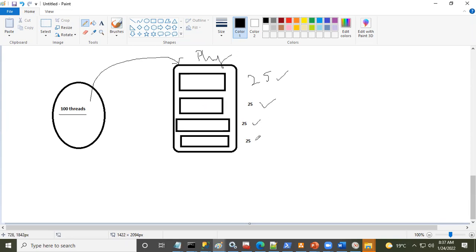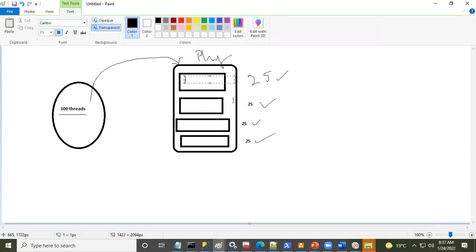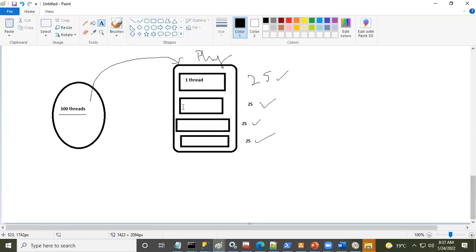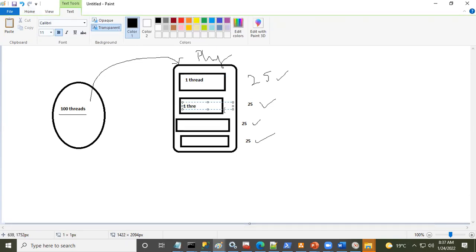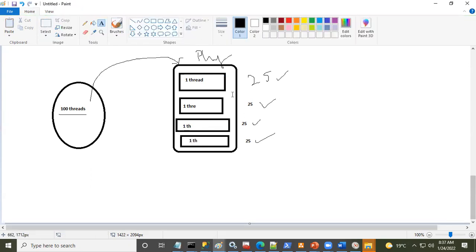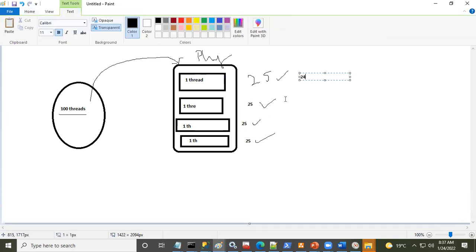What will happen? At any point of time only one thread executes on each CPU, so one thread is executing, another thread is executing here, and another here. Remaining 24 will be in the queue.